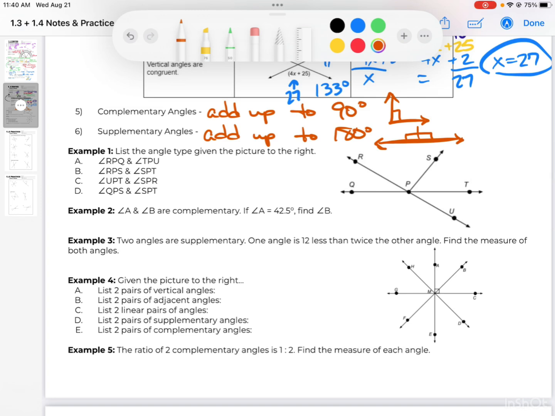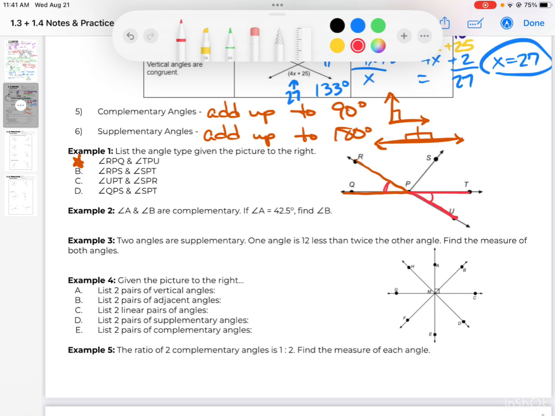Over to the right is just some practice about angle relationships. I'll just do the very first one with you right here. It says RPQ and TPU. What is their relationship? So at this point, they are kind of formed by the intersection of all of these lines.